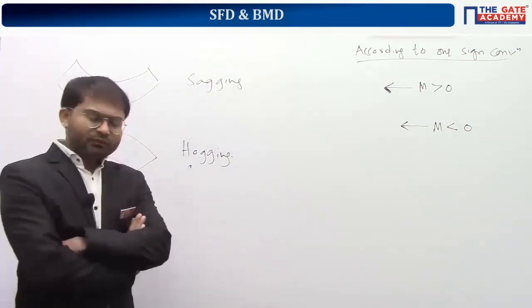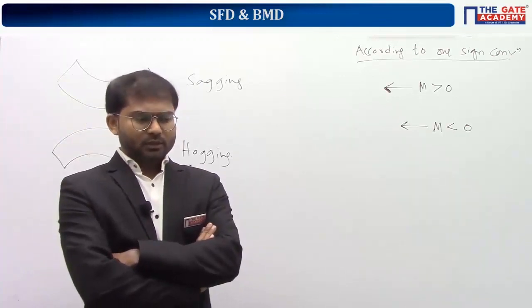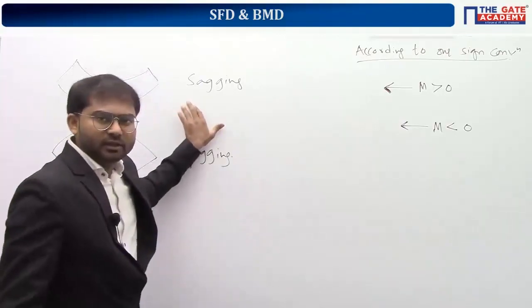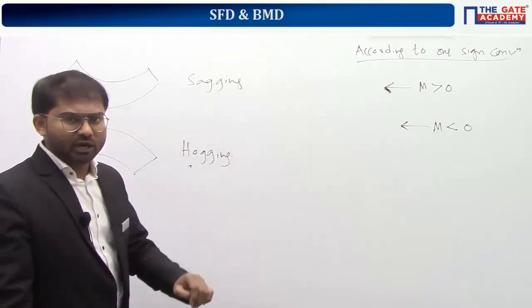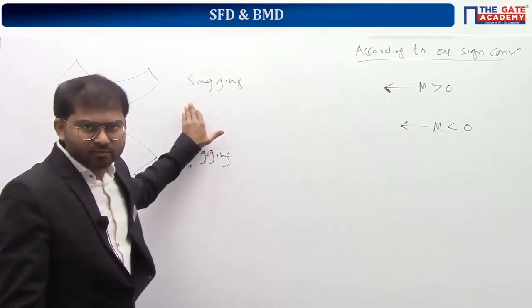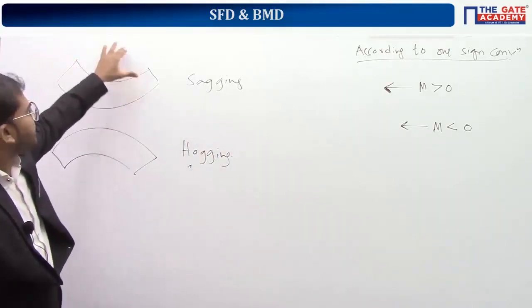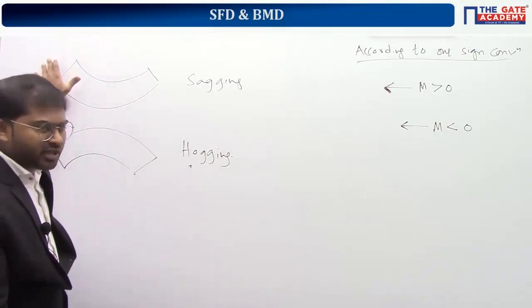Understood? If you go to a mattress shop, Sleepwell, Peps, Duroflex, etc., there they use the word sagging. They say, sir, take this mattress, it is around 10,000, it will undergo very less sagging over time. They mean the mattress will not become like this if a person is repeatedly sleeping and getting up.